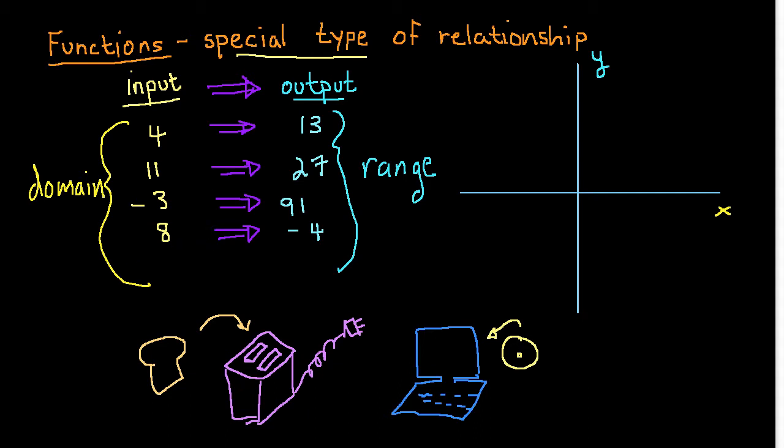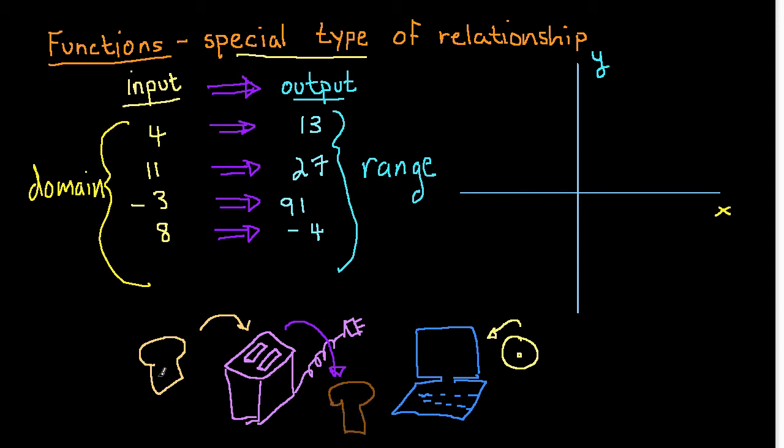And I like to think of a function in math sort of the same way I would describe a machine. Like here's a machine, it's a toaster. We bring an input, a slice of bread, and we put it into the machine, and then out comes an output. And what I like to see coming out of my toaster is a nice light brown piece of toast.